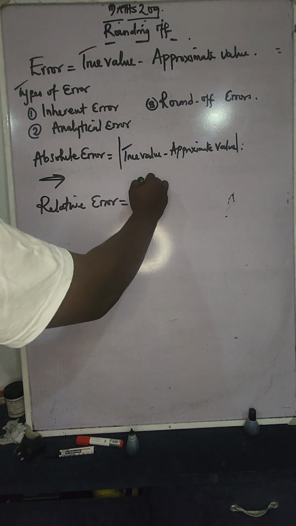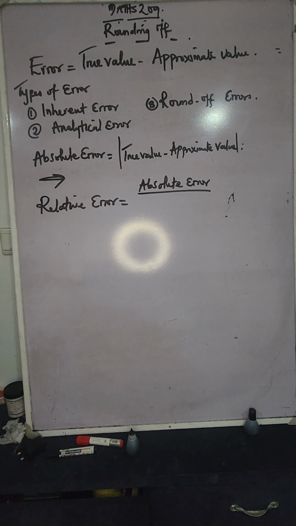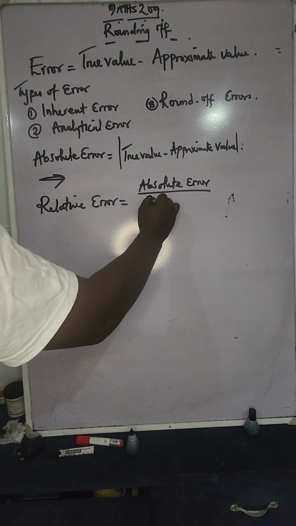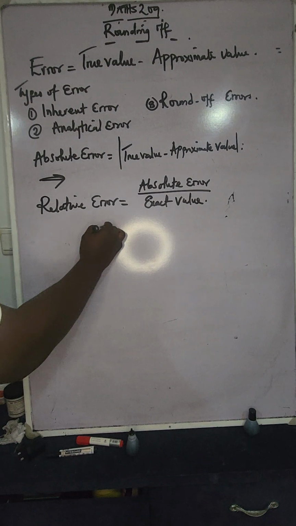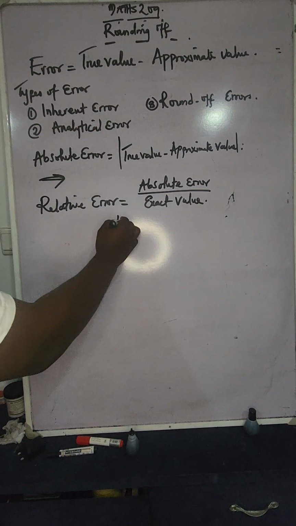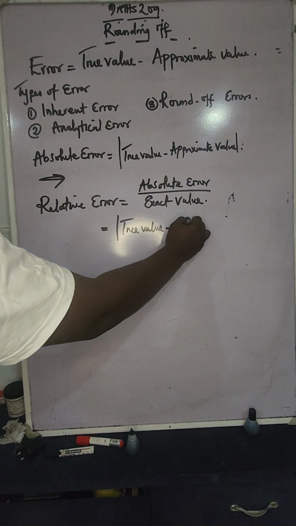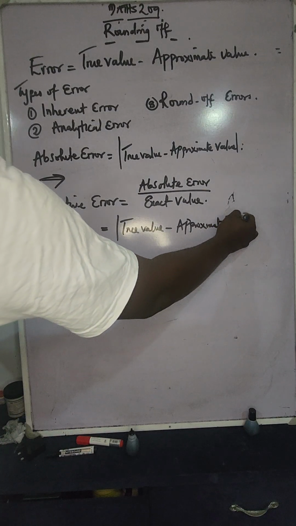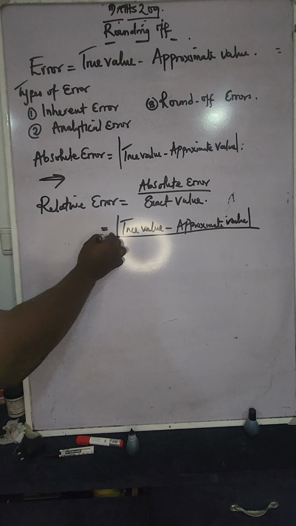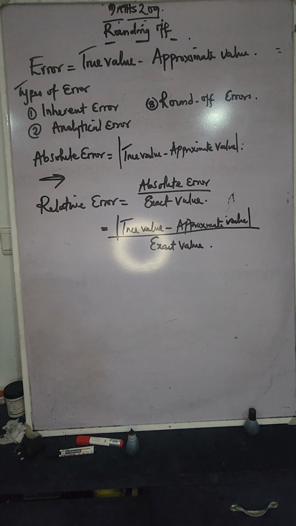Relative error is absolute error divided by the exact value, which simply means that by definition, we're saying true value minus approximate value, divided by the exact value. That is the only way you can record relative error.